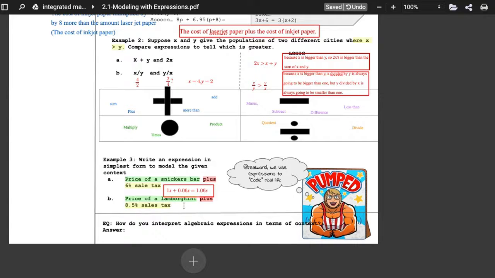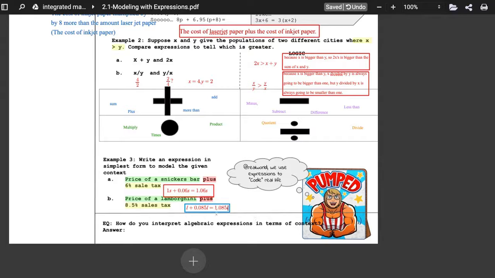All right, so hopefully you've had a chance to try it. I'm going to go ahead and put it down. I'm going to use L to represent Lamborghini. So it's Lamborghini plus 8.5% sales tax. Same strategy as last time. 8.5% is 0.085 of what I'm buying, which is the Lamborghini. That's going to simplify to 1.085L.